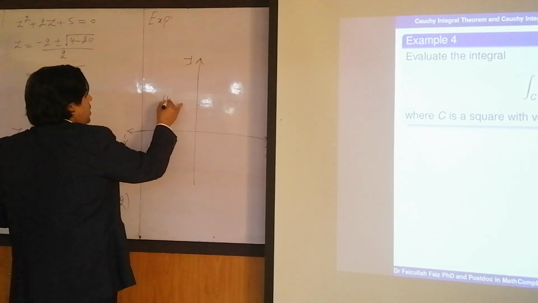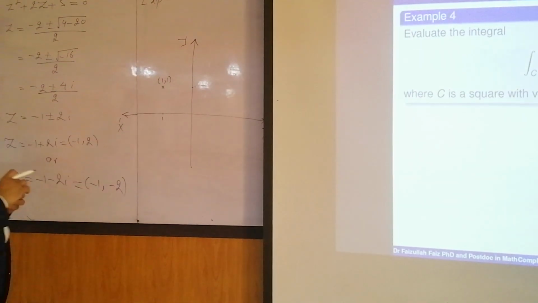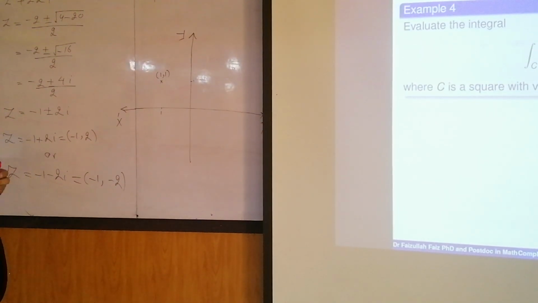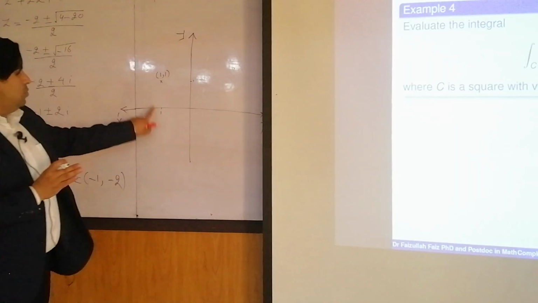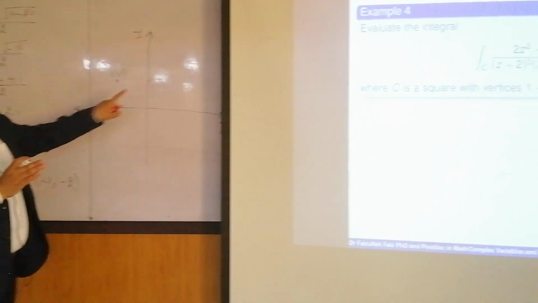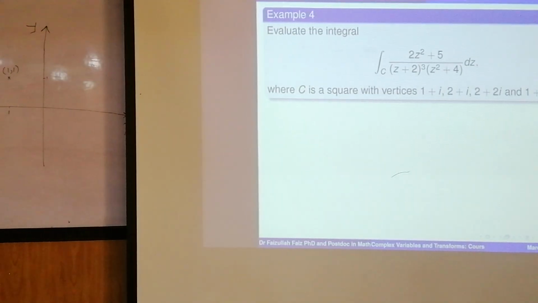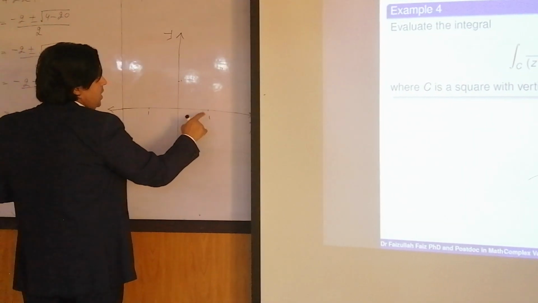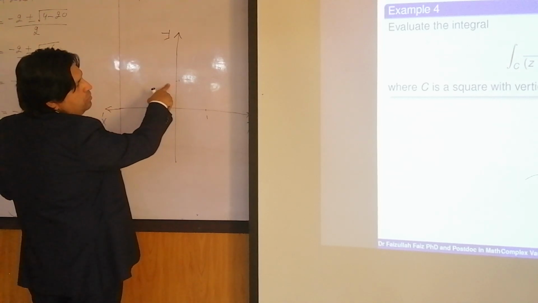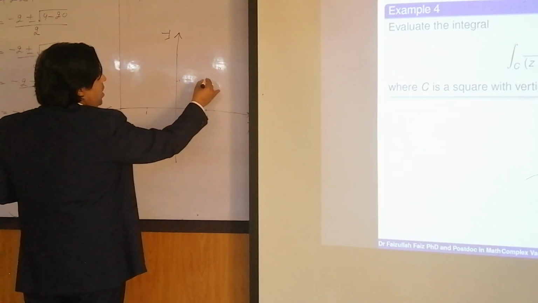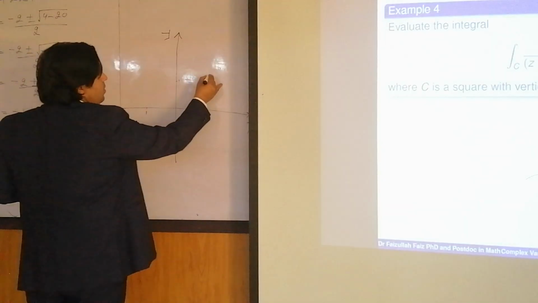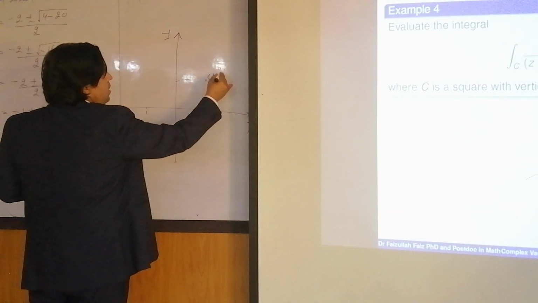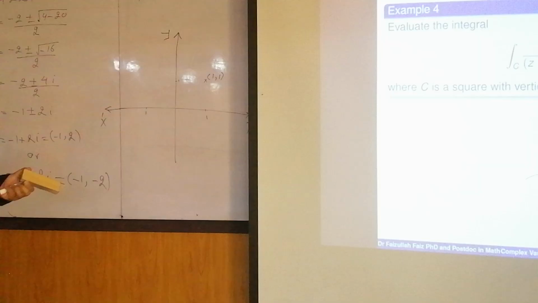Wait, this is minus 1, so we have to draw on the other side. We have to draw (1, 1) here. This is plus 1. x is plus 1, y is plus 1. So the point is here, where x is 1 and y is also 1.